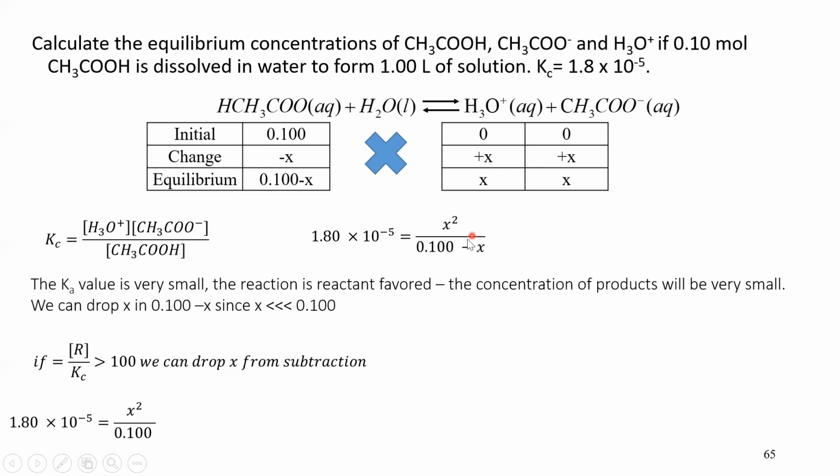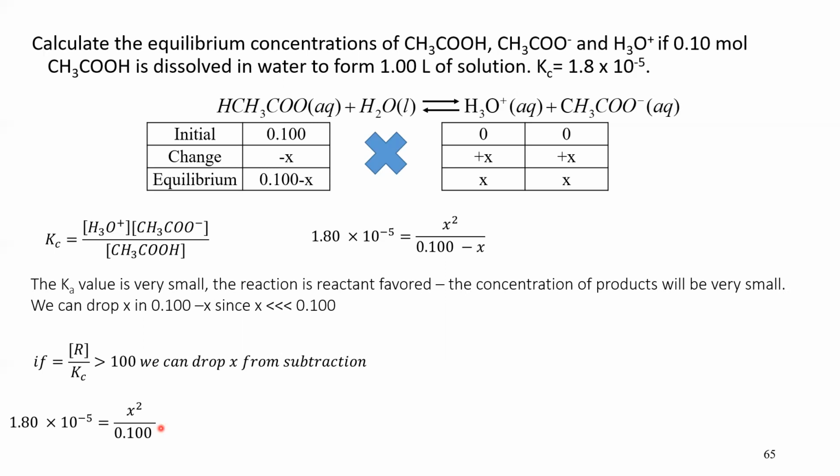And since this X with significant digits isn't going to change our answer, we can rewrite this as 1.80 times 10 to the minus 5 equals X squared over 0.100. Now it's not a quadratic anymore. Math is significantly easier. And with 2 or 3 significant digits in this problem, it's not going to make a difference in our answer.